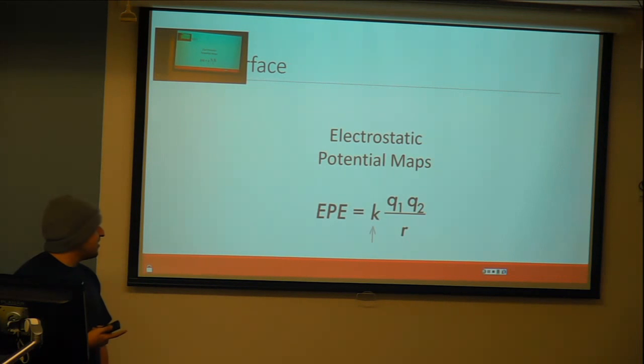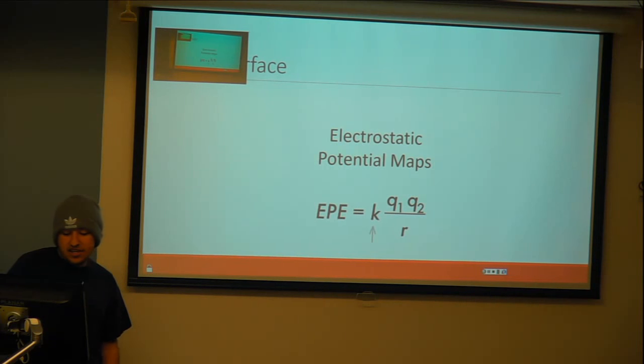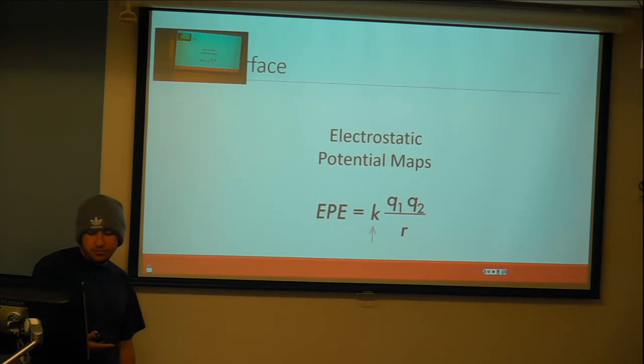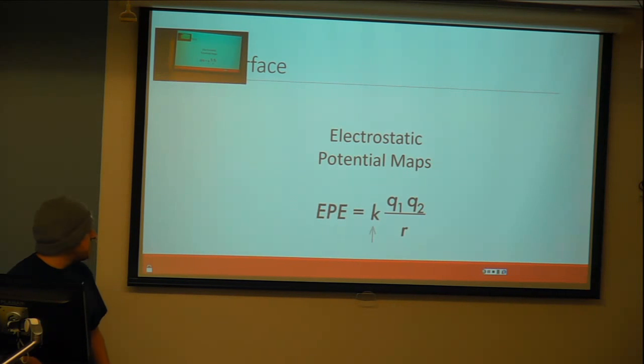The other thing I had to do was find the electrostatic potential maps. In this equation, the K is just a constant, with the Q's being the charges divided over the distance between these two electrons.